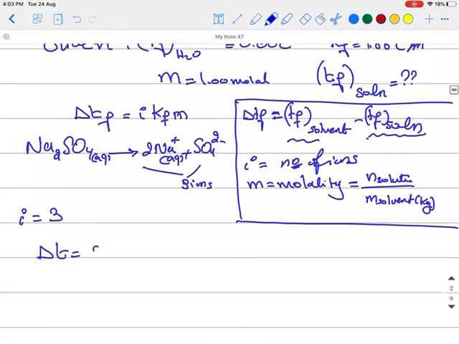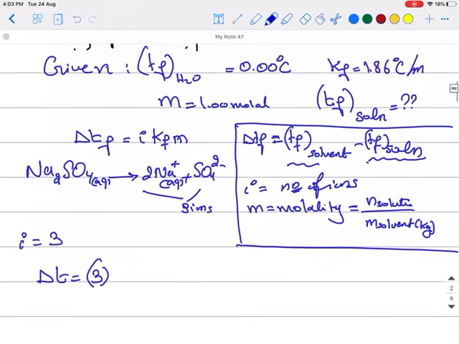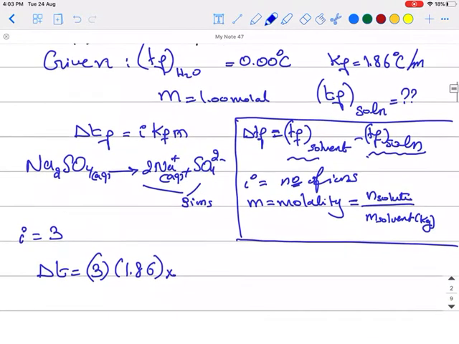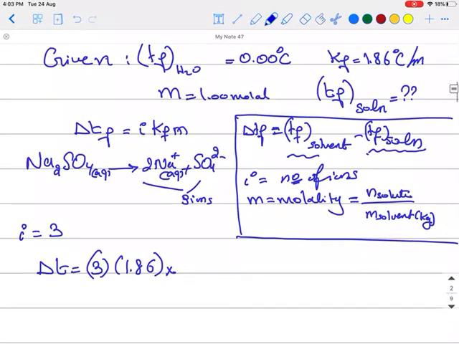Okay, so we write delta T equals 3 times Kf, which is 1.86, times the number of moles of solute. He gave me the molality directly, so times 1. Okay, so delta T equals 5.58 degrees Celsius.